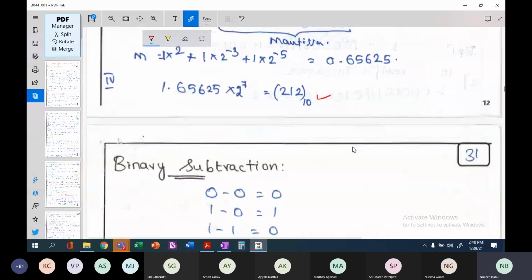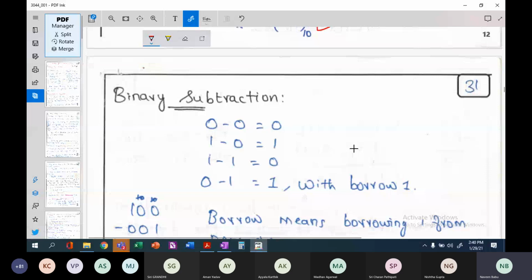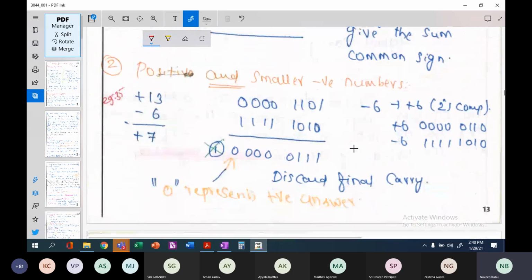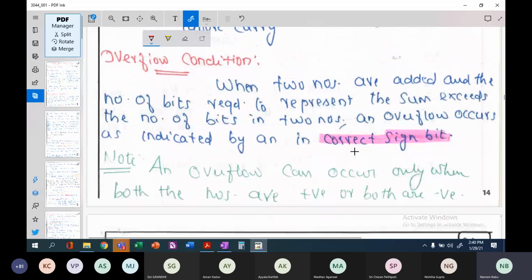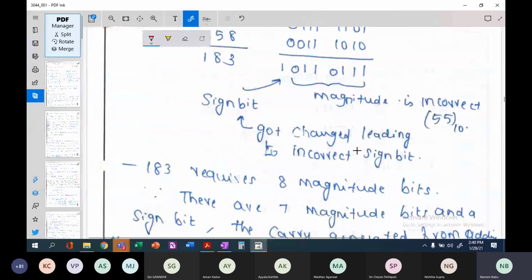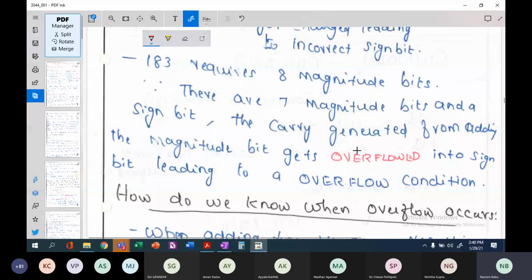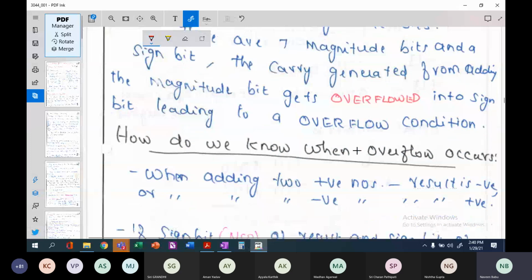Okay. Now let's move on to the arithmetic operations, which we left 2 classes before. We started off with binary addition and even subtraction we completed, and we were doing the overflow condition. Now, what are the conditions when we do have an overflow condition?